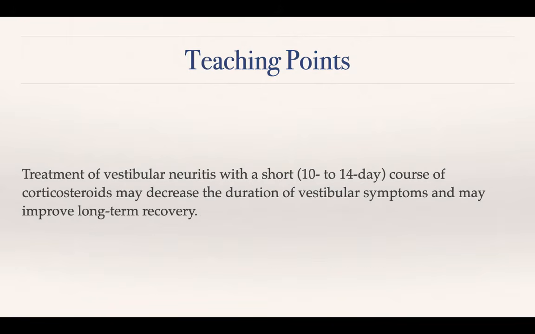The treatment of vestibular neuritis with a short course of corticosteroids is actually beneficial because it may decrease the duration of vestibular symptoms and improve the long-term recovery. With that, we complete the discussion of the first tutorial case.